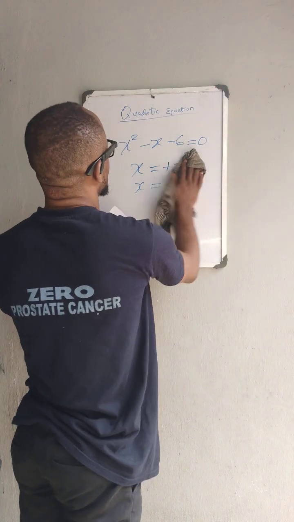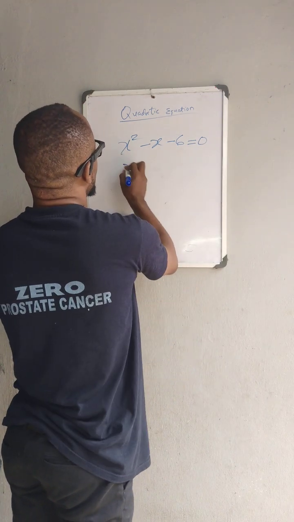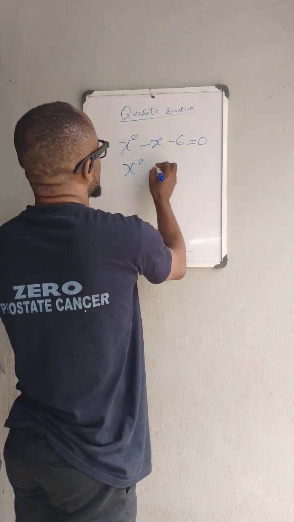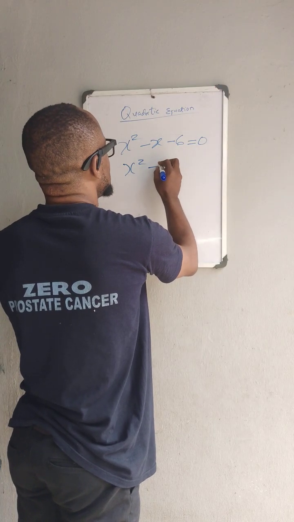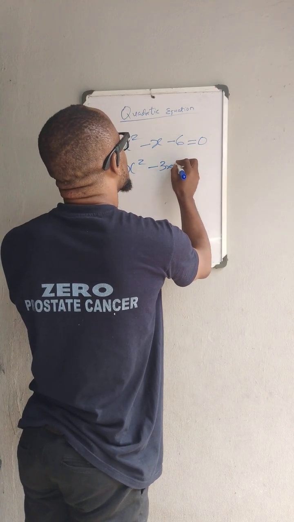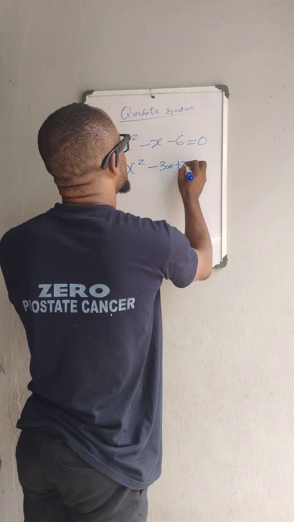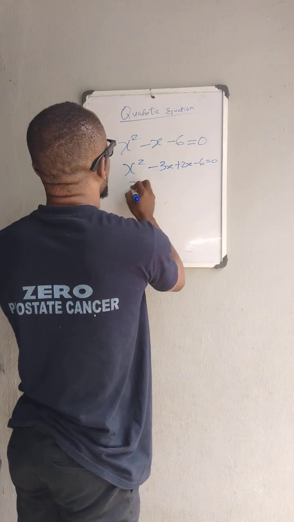And if we want to expatiate it, we cannot say that x squared minus 3x plus 2x minus 6 equal to 0.